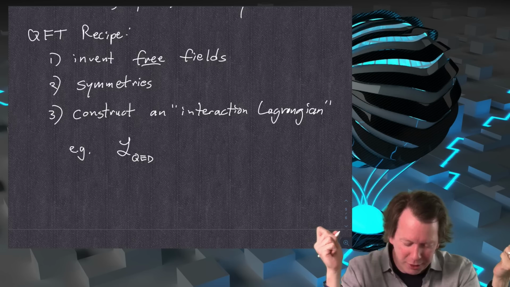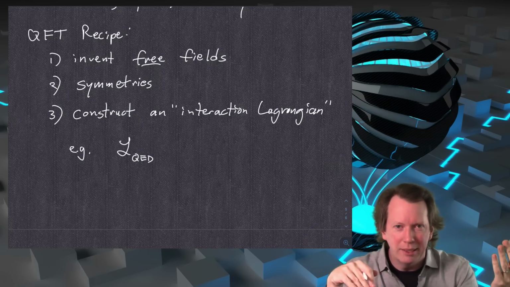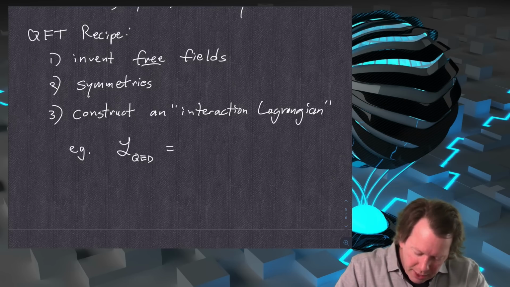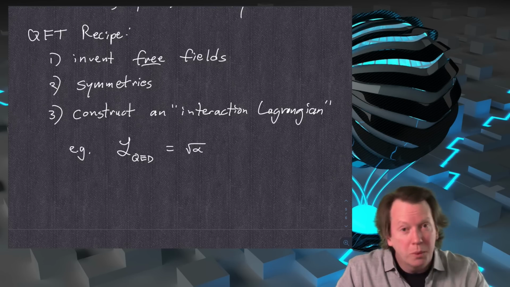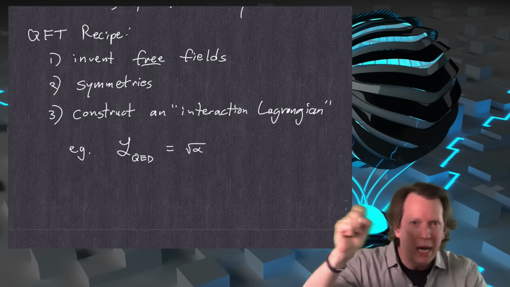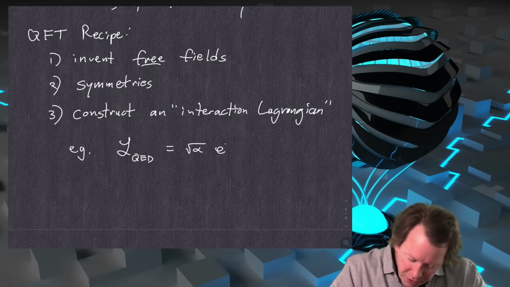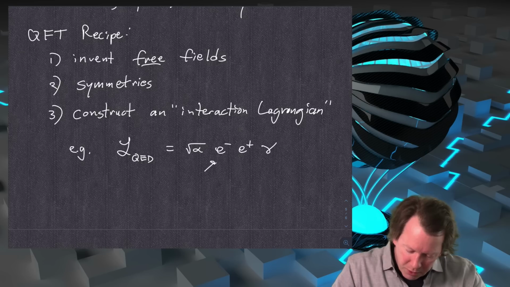I've already used a bunch of Greek letters myself, but I'm trying to keep it as straightforward as possible, so my notation is different. But roughly speaking, it is a number, the square root of alpha, again, I'm hiding some 4 pi's and things like that, times the electron field, times the positron field, times the photon field. So this is the electron, this is the positron, this is the photon.